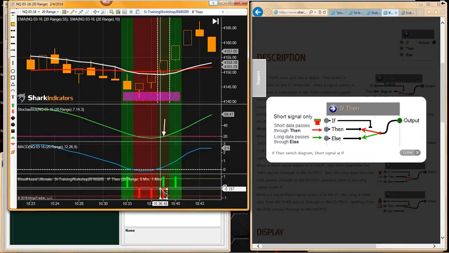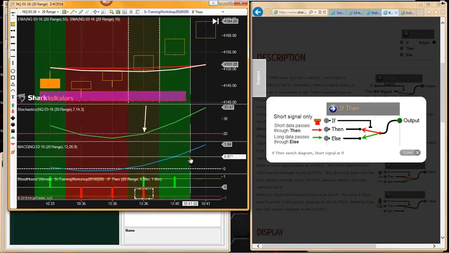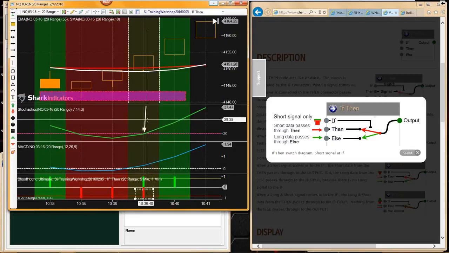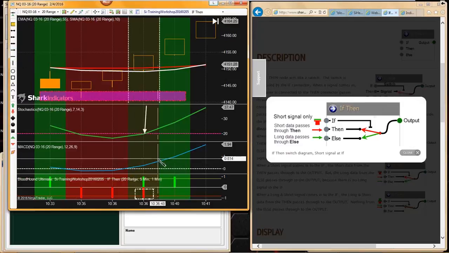So that's why we get the short signal on this one bar here. Right? So the short signal here is coming from our stochastic being oversold, and the long signal is coming from the MACD.